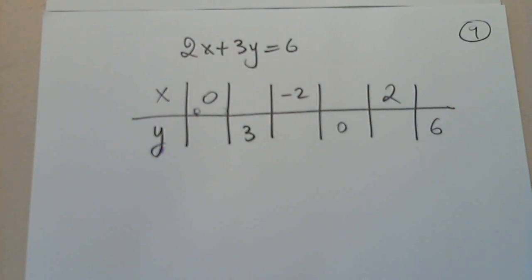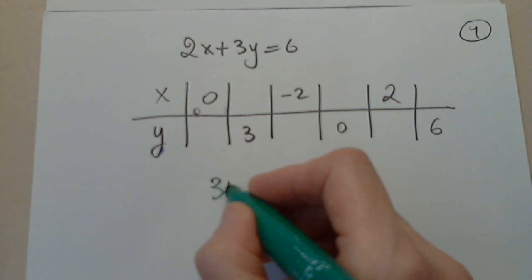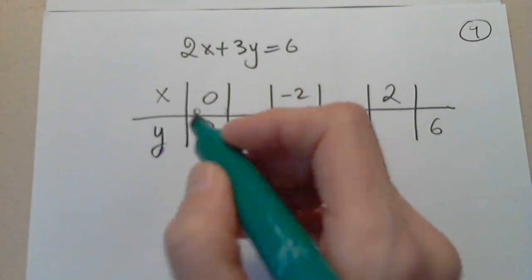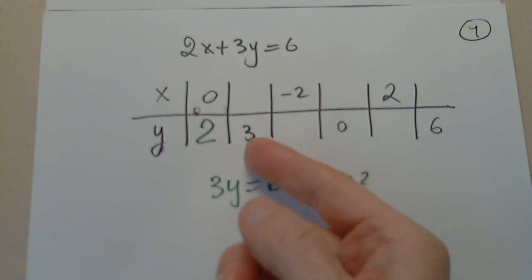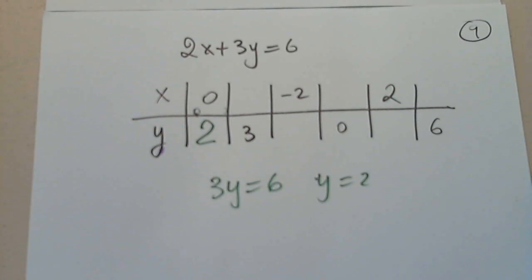So in order to determine y in this situation, I replace x by 0. So I get 3y equals 6, so then y equals 2. If y is 3, can you find x? Sure. I'll find the next one, and then you find the next four.